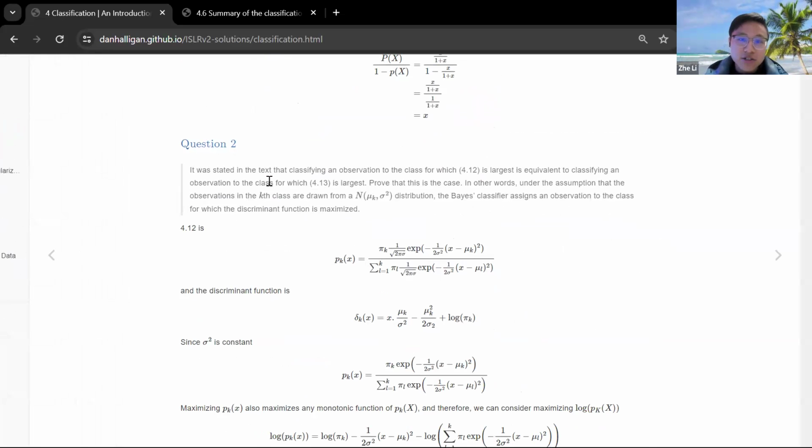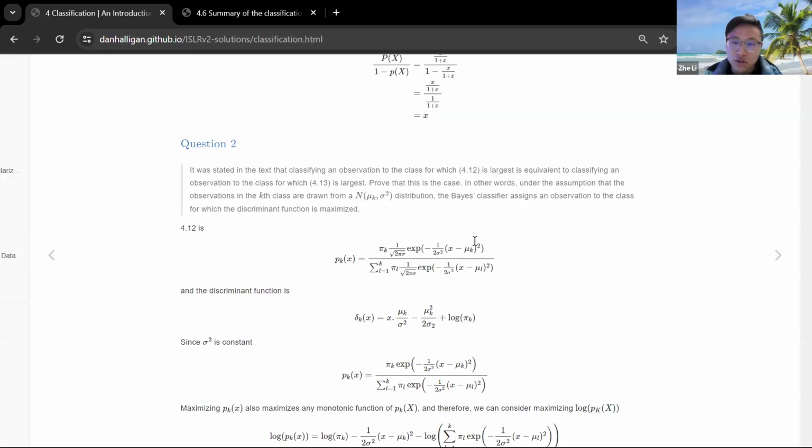The next question is about classifying an observation to the class for which the posterior probability is largest. It's equivalent to classifying an observation to the class for which the discriminant function is largest. To prove this, under the assumption that the observations in the k-th class are drawn from a normal distribution, the Bayes classifier assigns the observation to the class for which the discriminant function is maximized.